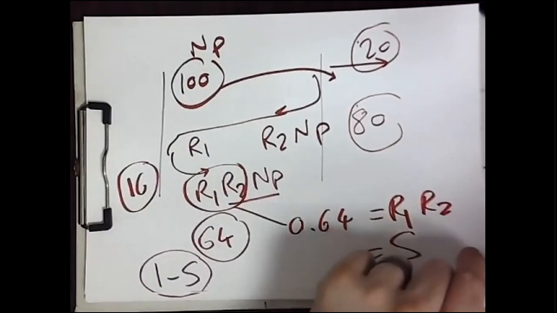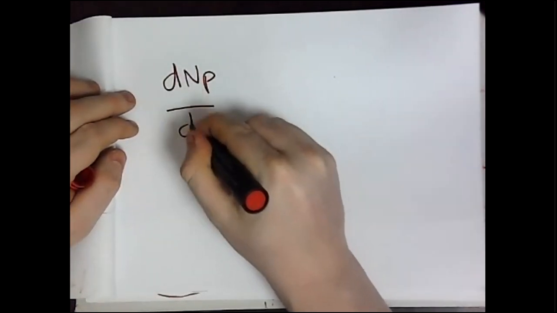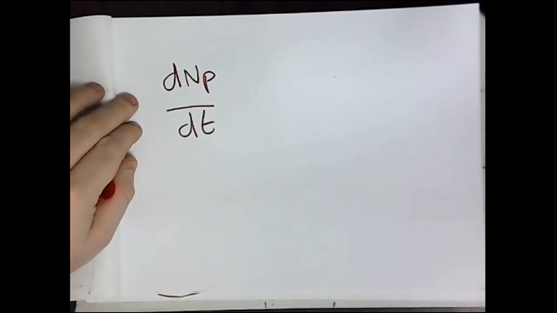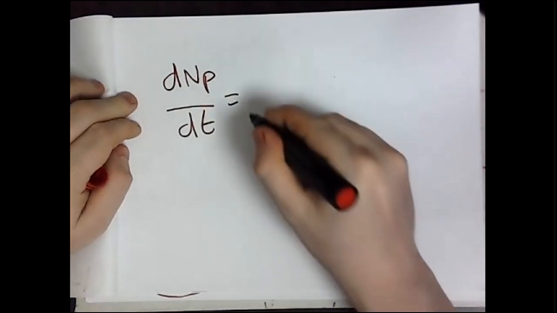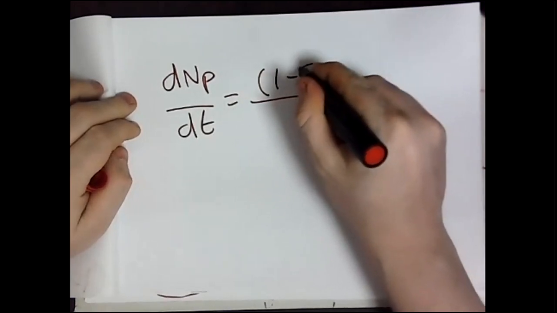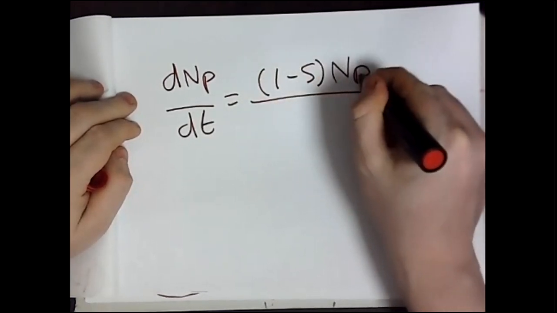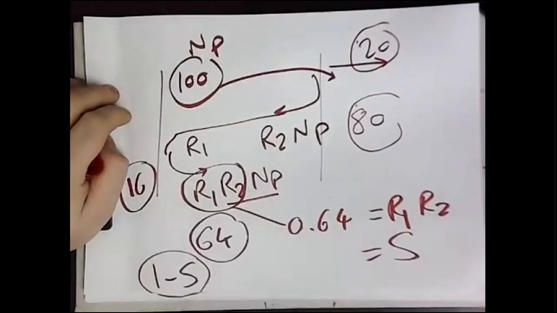Accordingly, if I told you, please demonstrate the rate of the escaping of the photons, which is dNp by dt, how many photons you lose per unit time? So you can tell me that per round trip, I'm losing 1 minus S of the photons I have, because only S will survive.